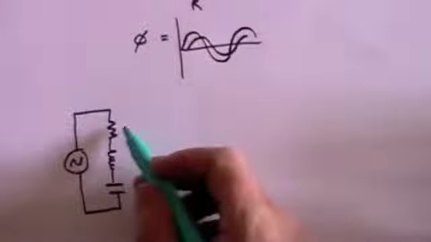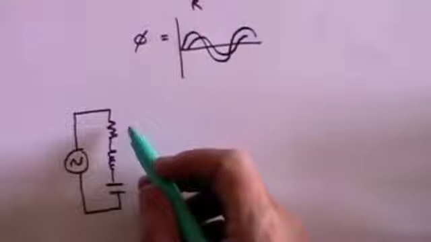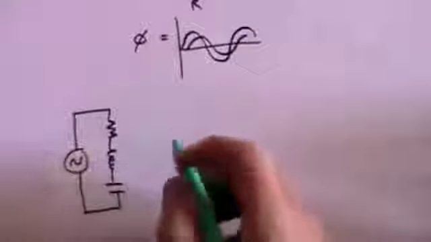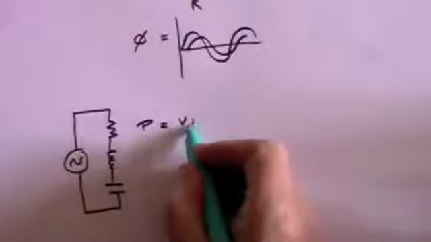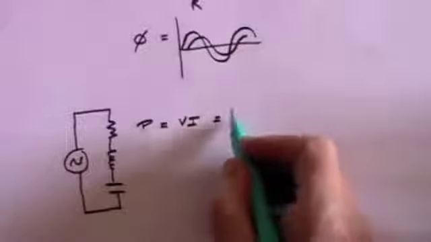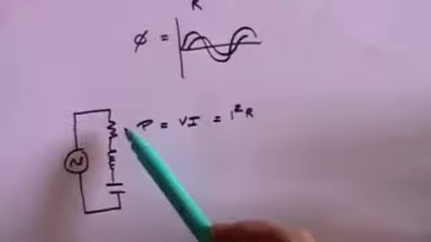Now, the important thing about the difference is this, that a resistance will dissipate power as current flows through it. And the power loss in a resistor is given by the voltage times the current. Or you can sometimes, using Ohm's law, say that that equals I squared R. We've dealt with this in previous videos on electricity. So there is a power loss in a resistance.